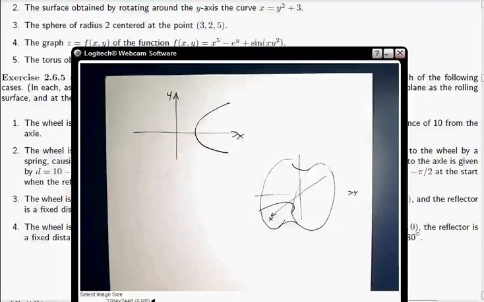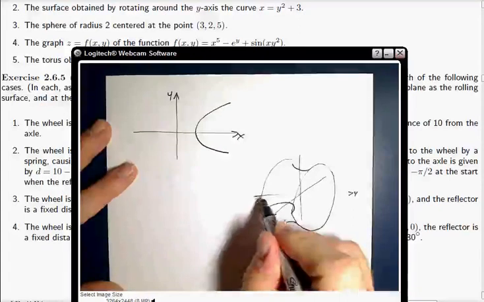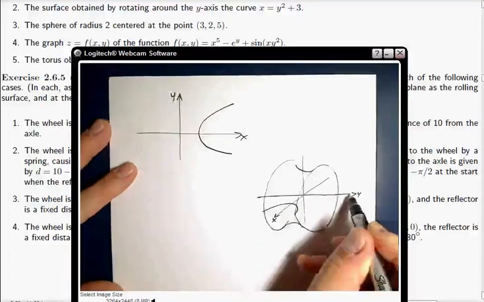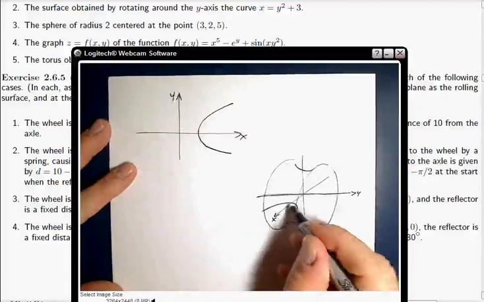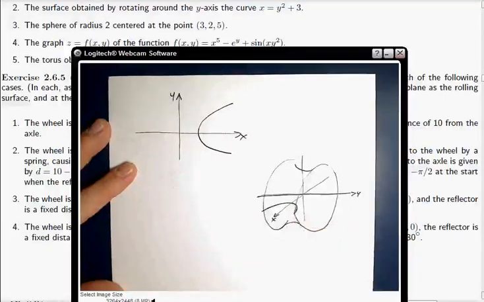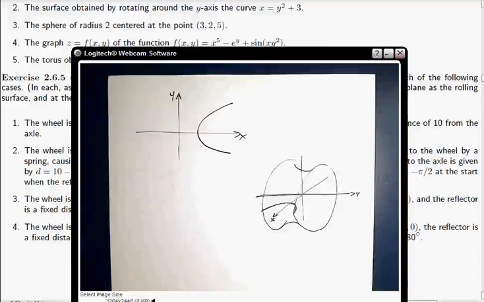Not my best art, but yeah. I claim when you take this curve and rotate around the y-axis, it's going to make something kind of like that, just sort of going around like that.